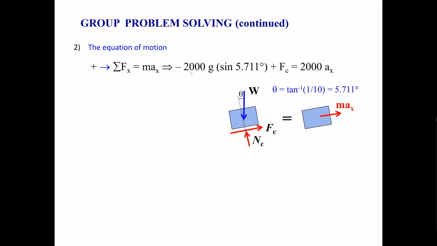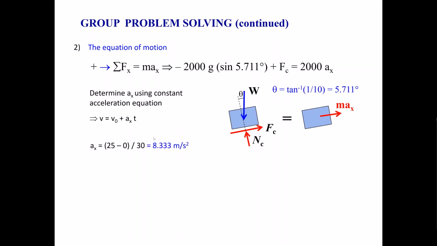So it's the mass times gravitational acceleration times the sine of the defined angle that was given, which is just the inverse tangent of the opposite side over the adjacent side, and gives us an angle of 5.71 degrees.